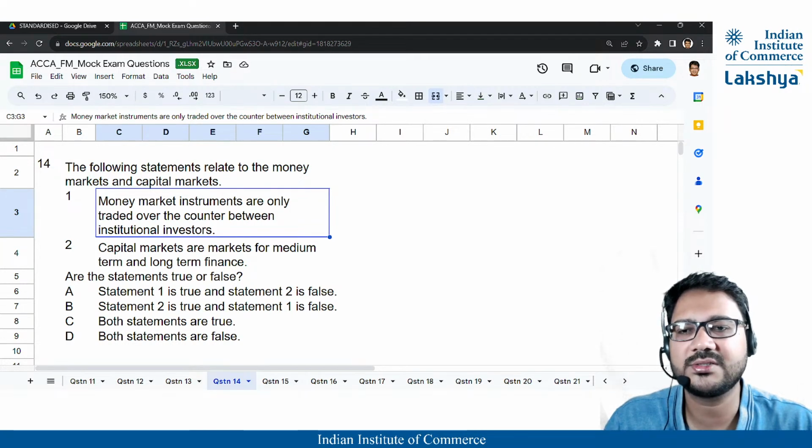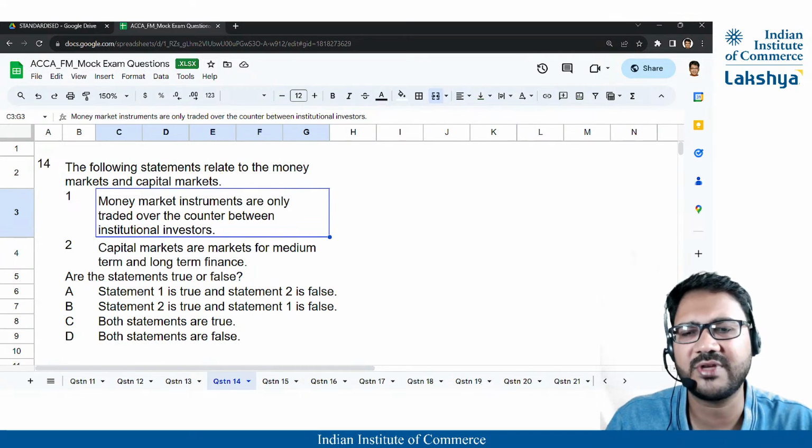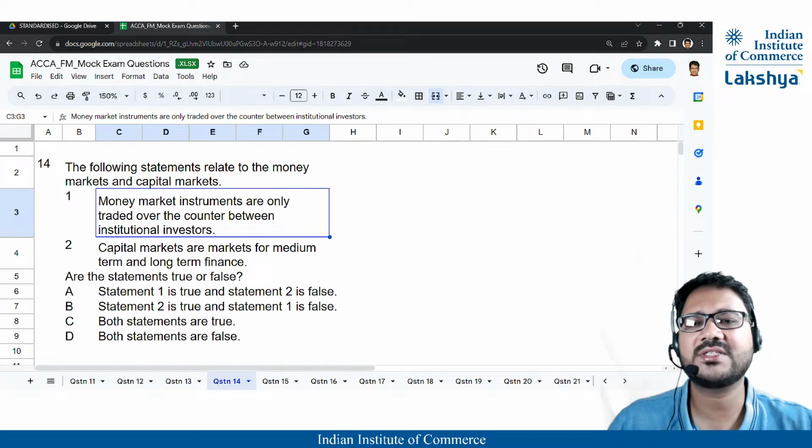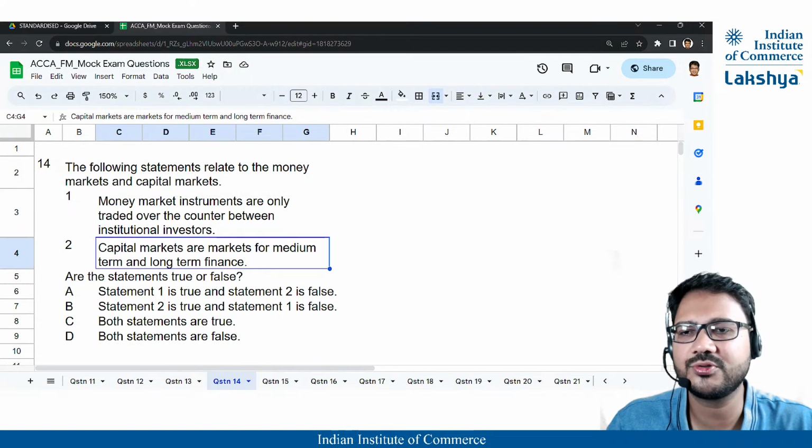There are standardized contracts, and they are traded by institutional investors, even retailers. For example, derivatives, futures, they are money market instruments at the end of the day. They are standardized, that is, exchange traded, and you and I can very well trade them. So this statement is actually false, not true.